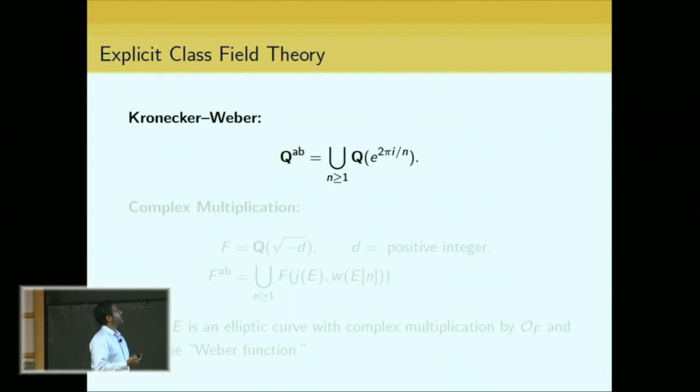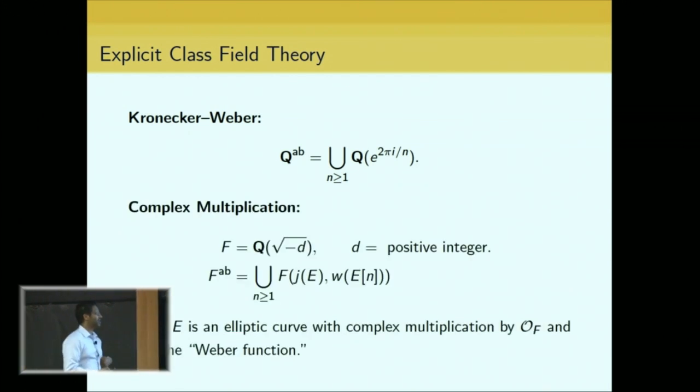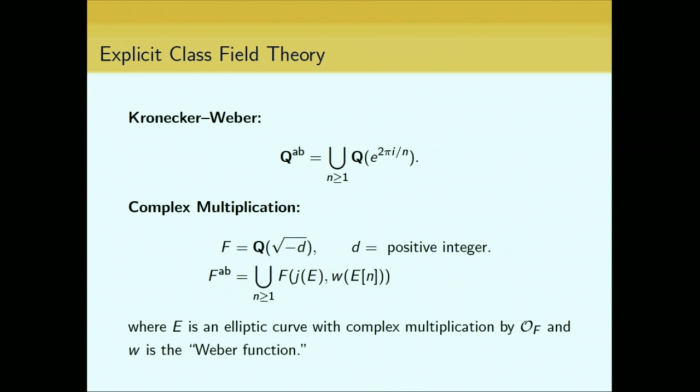And there's one other class of fields for which we can give a theorem like this, where we can write down explicitly what the maximal abelian extension is, and that comes from the theory of complex multiplication. So if I start with a quadratic imaginary field, so Q adjoin root negative d, where d is a positive integer, then the maximal abelian extension is given by, well, adjoin the j-invariant of an elliptic curve that has complex multiplication by the ring of integers of that quadratic imaginary field.